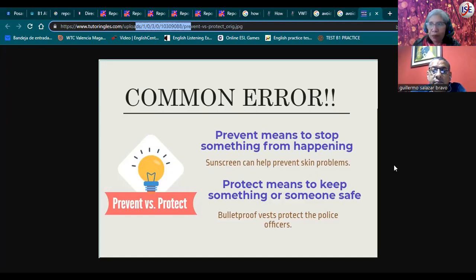For example, a doctor says that people shouldn't eat just before going to bed, because it might cause stomach problems. So eating dinner early can prevent stomach problems. Okay?